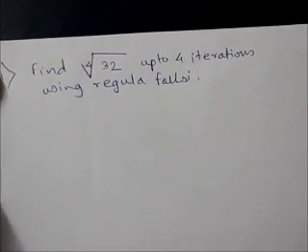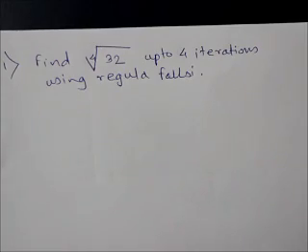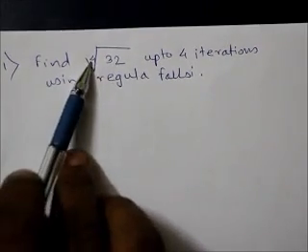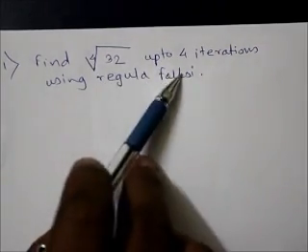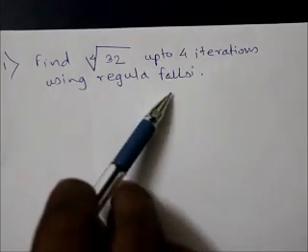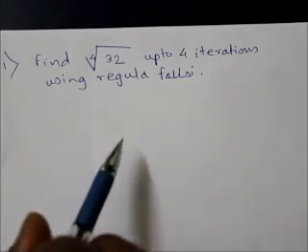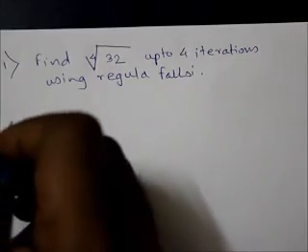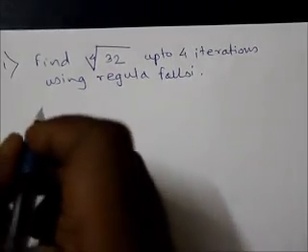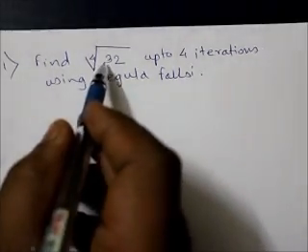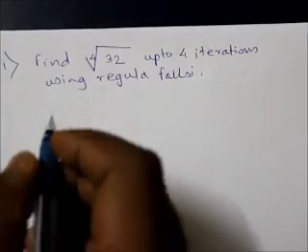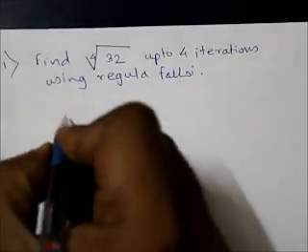Hope it's clearly visible to all. What we have to do is find the fourth root of 32 up to 4 iterations using Regula Falsi. So here, let us first try to convert this expression into an equation, because we need an equation.